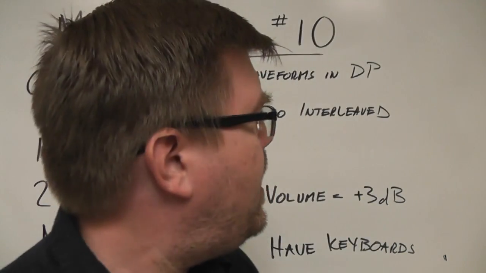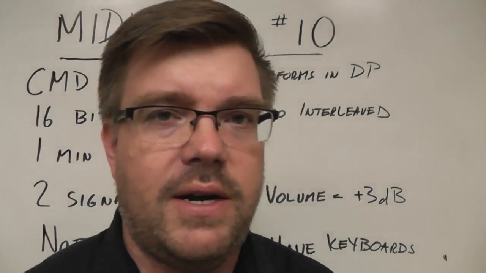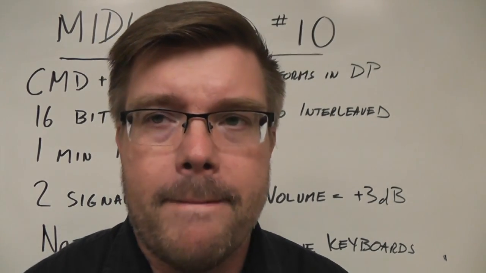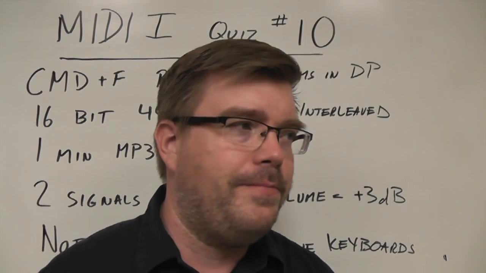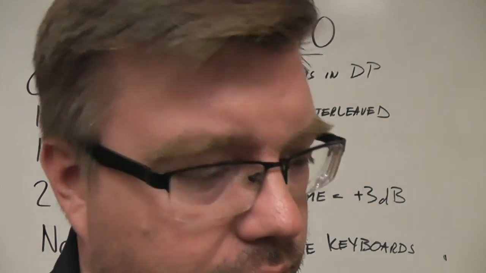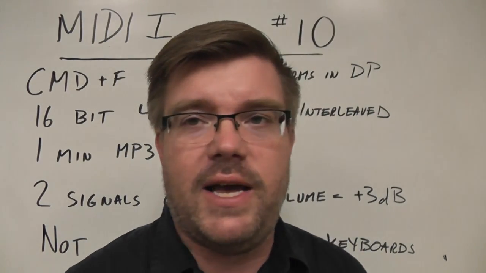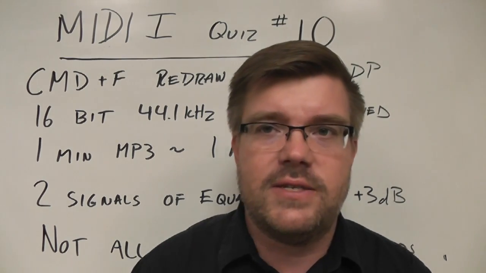Okay, and then lastly, stereo interleaved. The left and right are combined into one file. 16-bit 44.1 stereo interleaved. And that should just be something that we're still familiar with and able to recognize as Red Book Audio, the standard for compact discs.